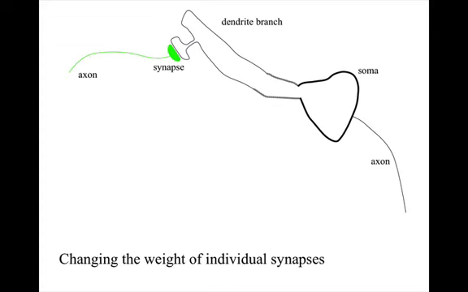This shows one glutamatergic synapse located on its spine on a dendritic branch, and in this case it's quite a long way from the soma of its neuron.